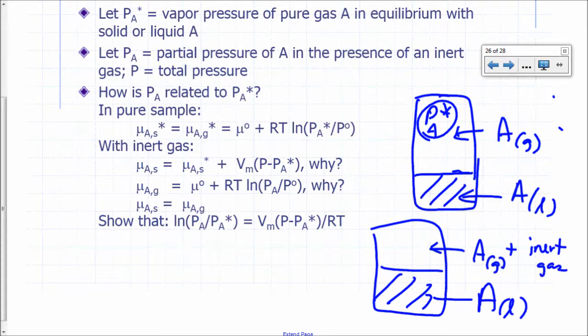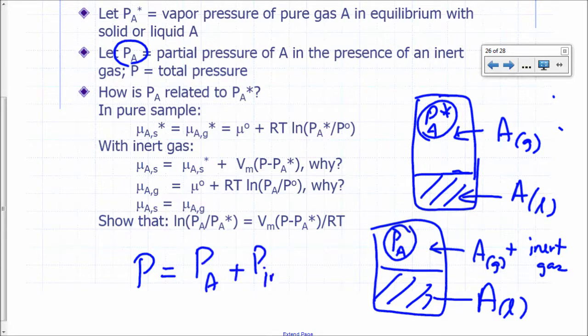What will the partial pressure of A be compared to the pure sample? We'll call that P sub A, the partial pressure of A in the presence of an inert gas. The total pressure will just be the partial pressure of A plus the pressure of the inert gas.